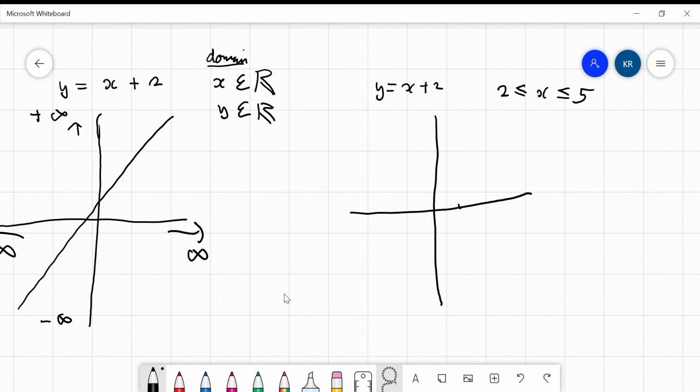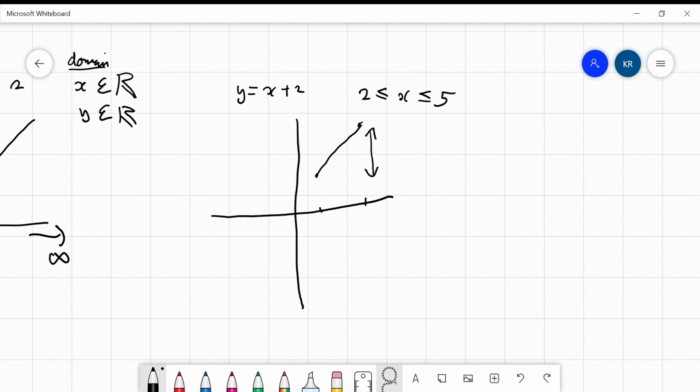So suppose this is 2, so the line would start from there, and this is 5 to go there. So this is basically what your line would look like. Since there's a domain, the line you have drawn is limited over a certain space. So therefore, you would also have a limited range, which is this would be your range.